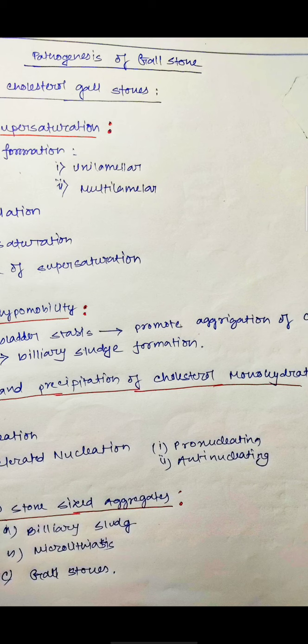Okay, and calcium salts like calcium bilirubinate and calcium phosphate also serve as pro-nucleating factors. Now anti-nucleating factors include apolipoprotein A1, A2, and some glycoproteins and phospholipids, etc.